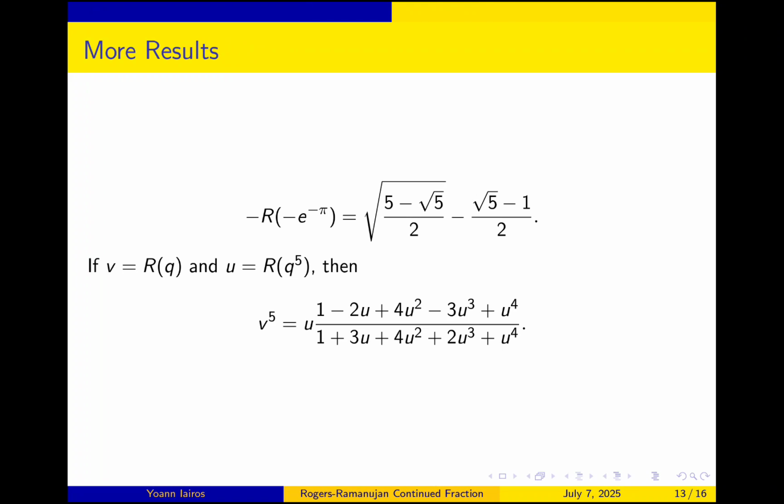The first one is a very closely related closed form evaluation for the Rogers-Ramanujan continued fraction. And the second one relates R of q to R of q to the 5, and that is called a modular equation of degree 5. And actually these two results on the screen were both in Ramanujan's first letter to Hardy.